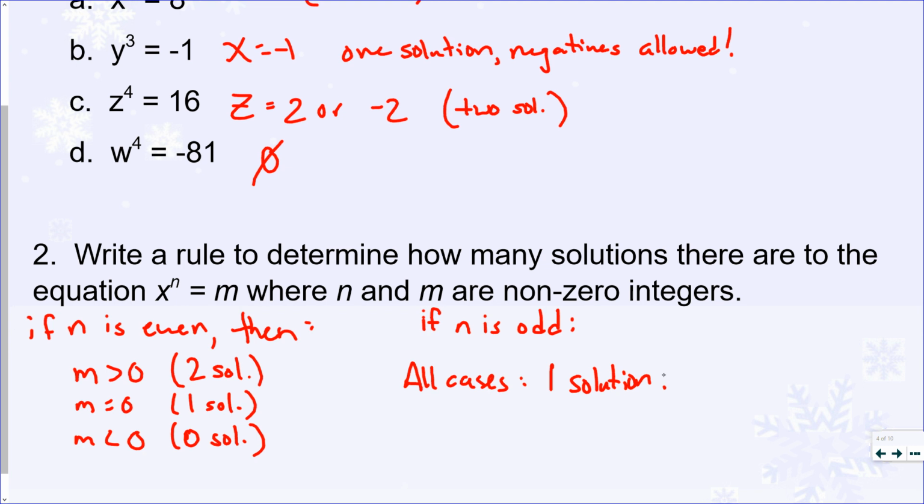And the reason for that is because this will give up one of its solutions, so that being negative will pick up a solution. No matter whether m is positive or negative or 0, you'll always be able to take a cube root, 5th root, 7th root, 9th root, and it comes out to exactly 1 answer. And that's important to realize.